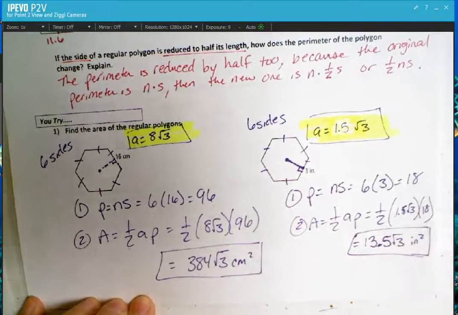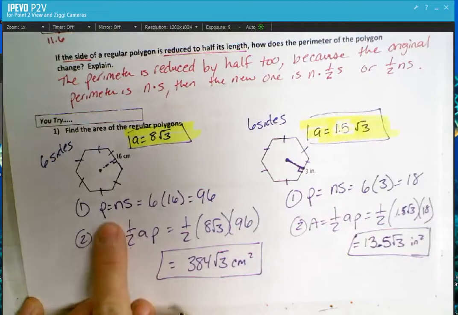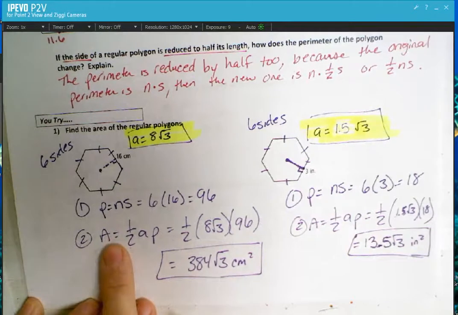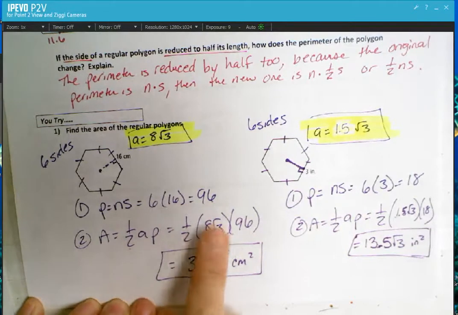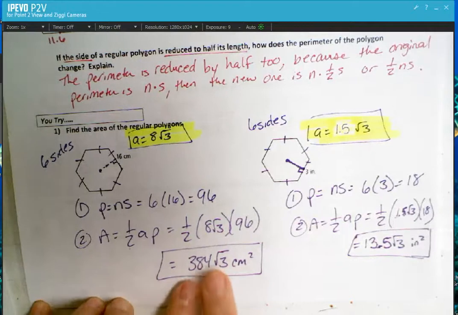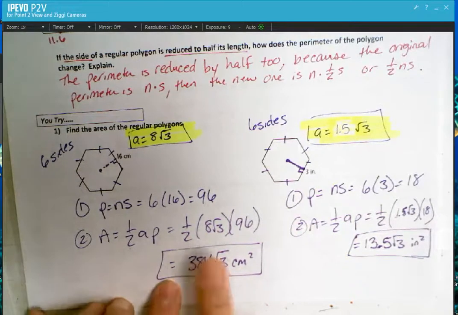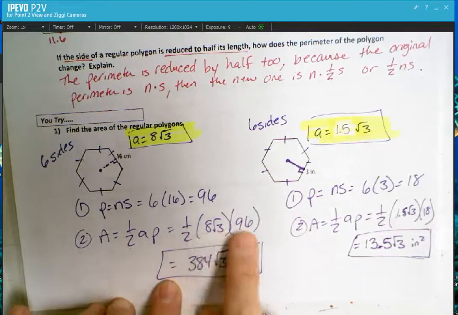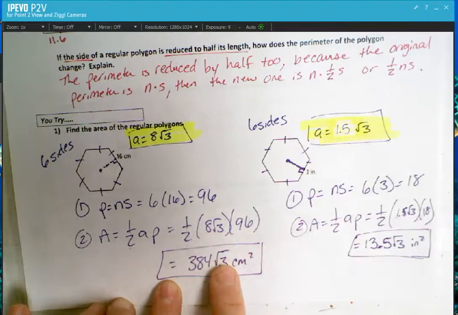Okay, there are your answers for your practice problems. I needed to first find the perimeter, then I needed to find the area. Once I found the perimeter, I just substituted in the given apothem and simplified. So remember, when you're multiplying by radicals, this stuff up in the front is multiplied together and your radical comes along for the ride.